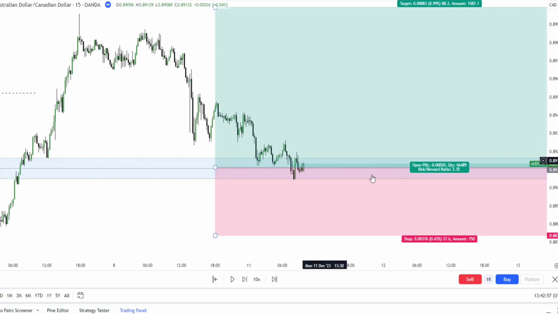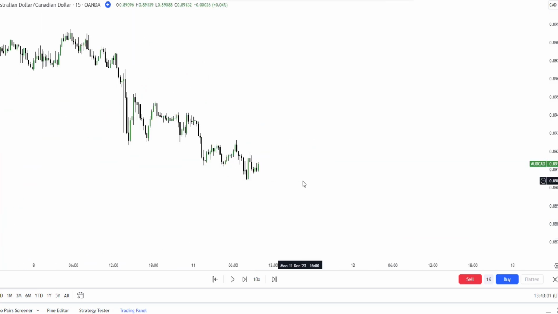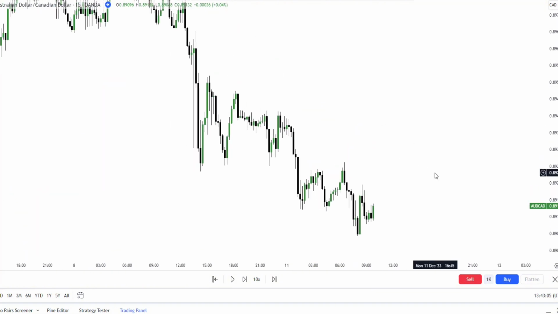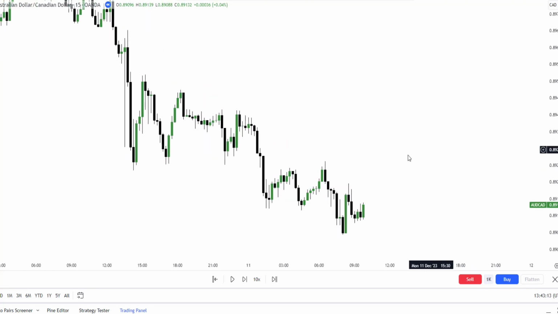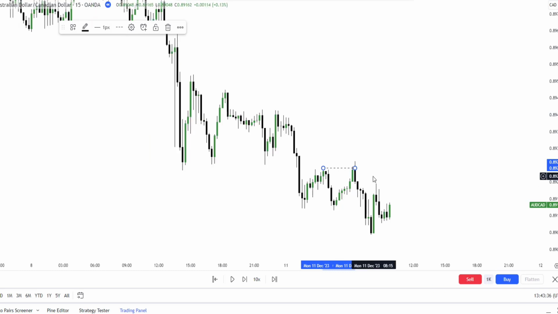So the moment price enters your discount area, you're going to see a shifting market structure to the upside. That shifting market structure, guys, I told you, is massive. It is such a miracle. All right, so look at this. Price is coming down. It is a game of patience. You have to wait for price to come all the way down and see that shifting market structure.